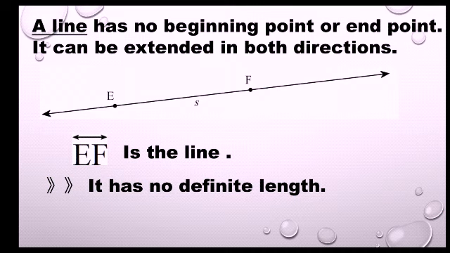If we draw it on paper, we might think this much is the length of the line. No. We are giving the arrow sign to indicate that we can extend it. So it is not the end point. We cannot draw a whole line on paper, but we can represent a line by giving the arrow signs. So see the symbol of line.